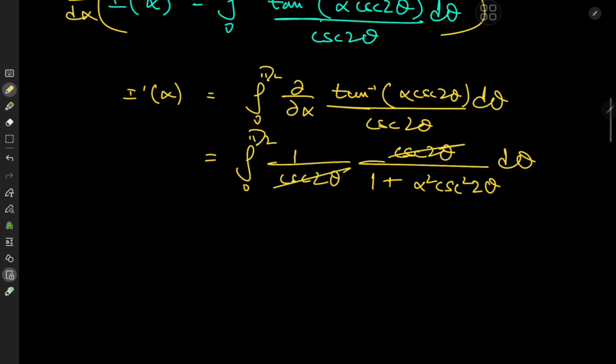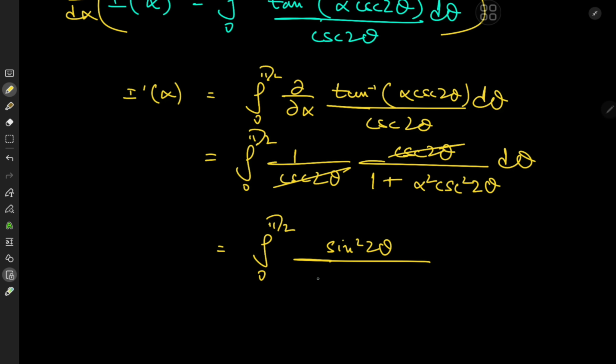So I have a considerably more hospitable looking integral that I would now like to rewrite in terms of sines. If I expand upstairs and downstairs using sine squared 2 theta, I will have the integral from 0 to pi over 2 of sine squared 2 theta over alpha squared plus sine squared 2 theta d theta.